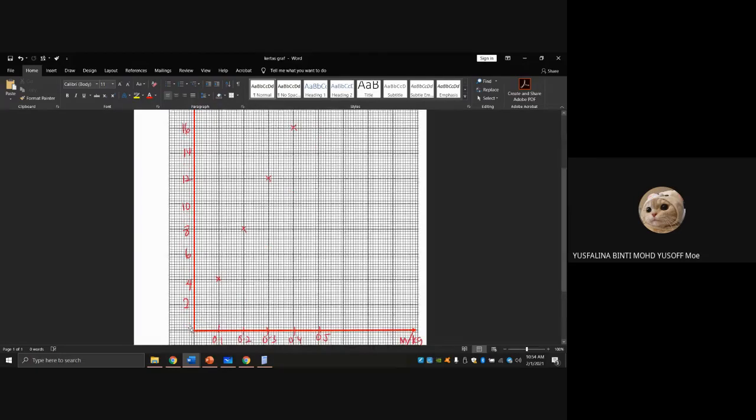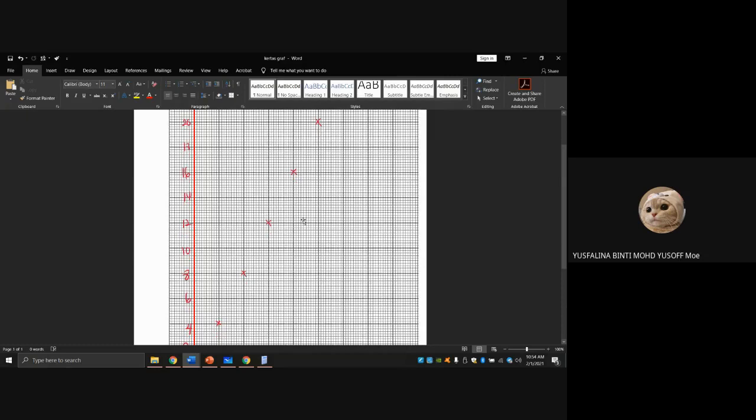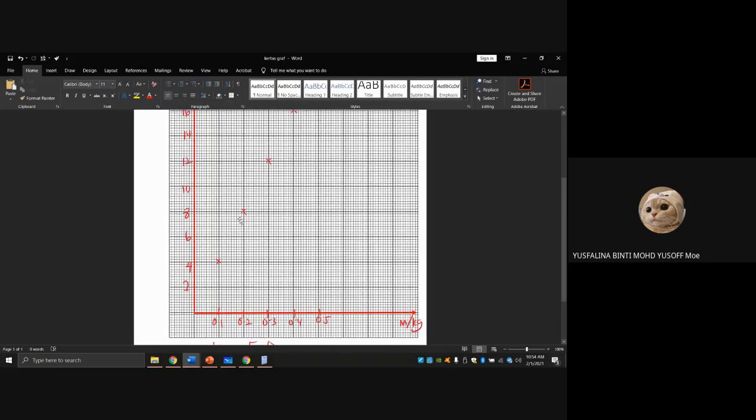Teacher, must it pass through the origin? Doesn't matter as long as your graph is balanced. Teacher, the graph is pencil, no pen? No, if we use pen, no. Just use pencil. All this must be in pencil. Writing the numbers is okay, you can write in pen.